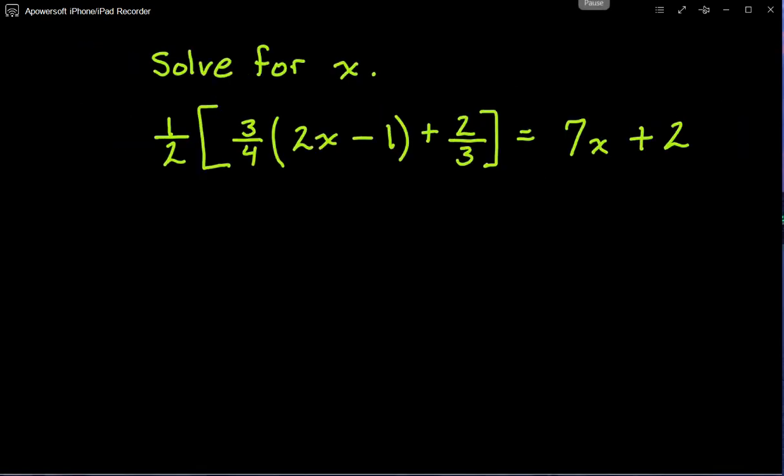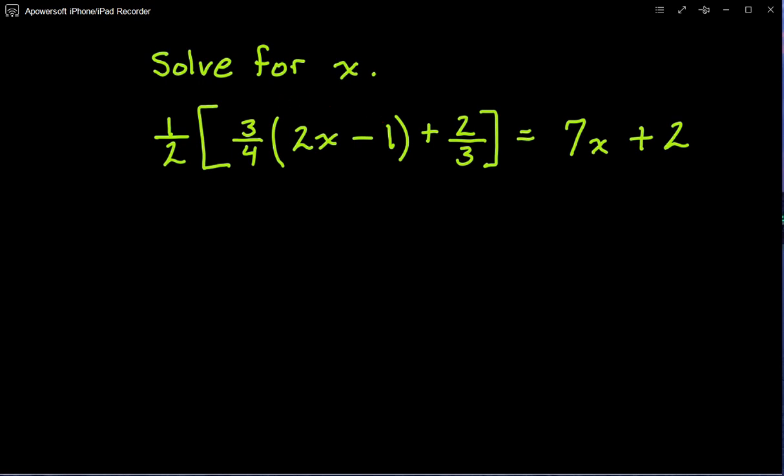All right, let's take a look at our next problem here. This time we have a combination of parentheses and brackets. So when you have a combination of grouping symbols, you always want to start from the inside and work your way out. So the first thing we're going to do is multiply together the 3/4 and the 2, and then 3/4 and the 1.